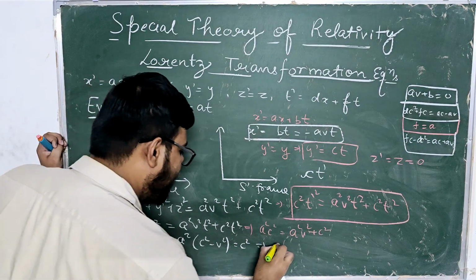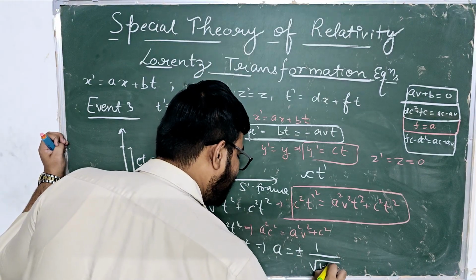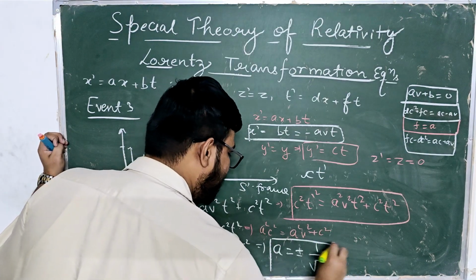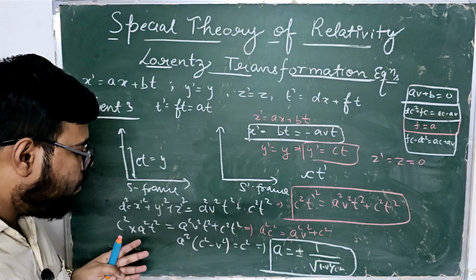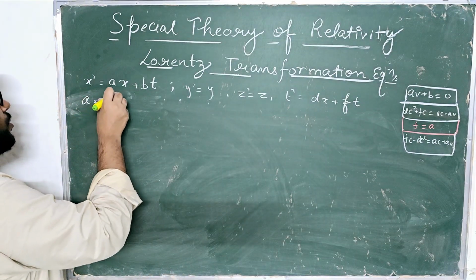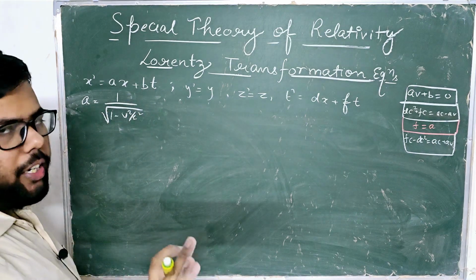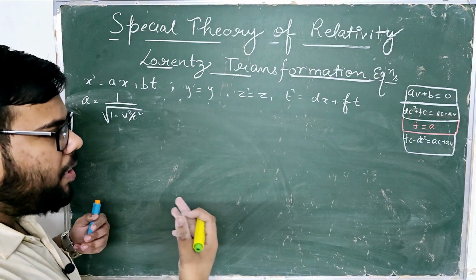So from here we get a is equal to plus minus 1 by square root 1 minus v square by c square. Now what is correct, plus or minus sign? Let's check it. So we have got a is equal to 1 by square root 1 minus v square by c square, right? Don't worry about the negative sign right now, I will tell you in a few moments.